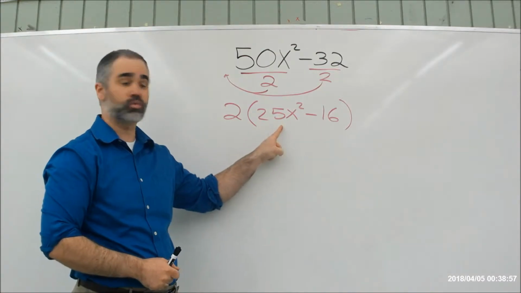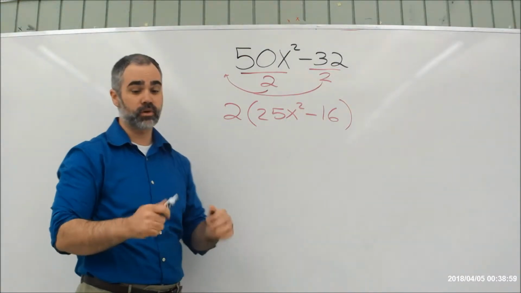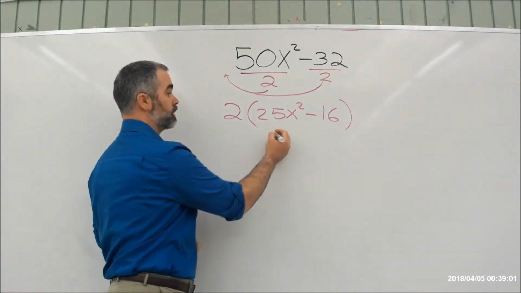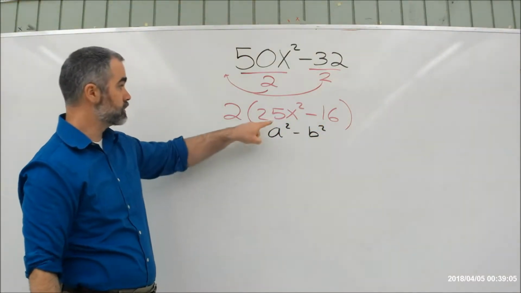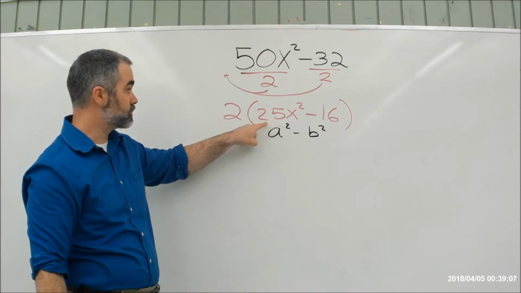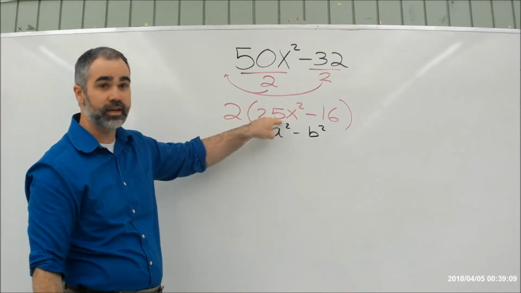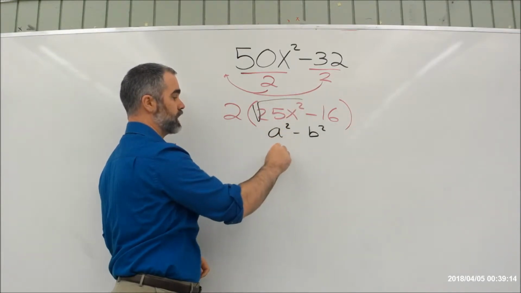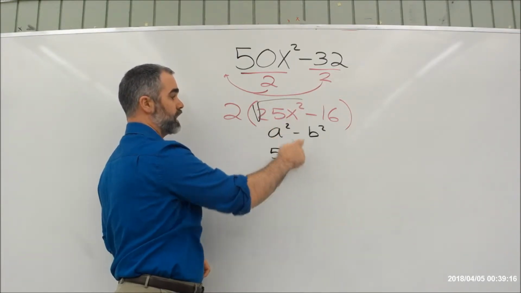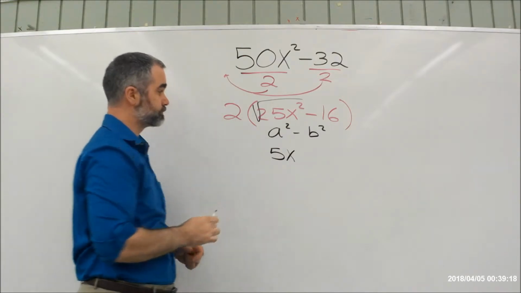25 is a square number, 16 is a square number, so that's going to fit into our a squared minus b squared category, where a is going to be the square root of 25x squared. The square root of 25 is 5, the square root of x squared is x.